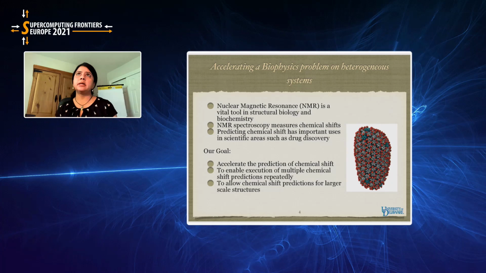Also, this prediction of chemical shift is quite important in many big molecular dynamics codes. So one of our motivations was, what if we were able to accelerate this code and bring down the amount of time taken, and then other big molecular dynamics codes could call this function and perform operations way faster. So that was our motivation.